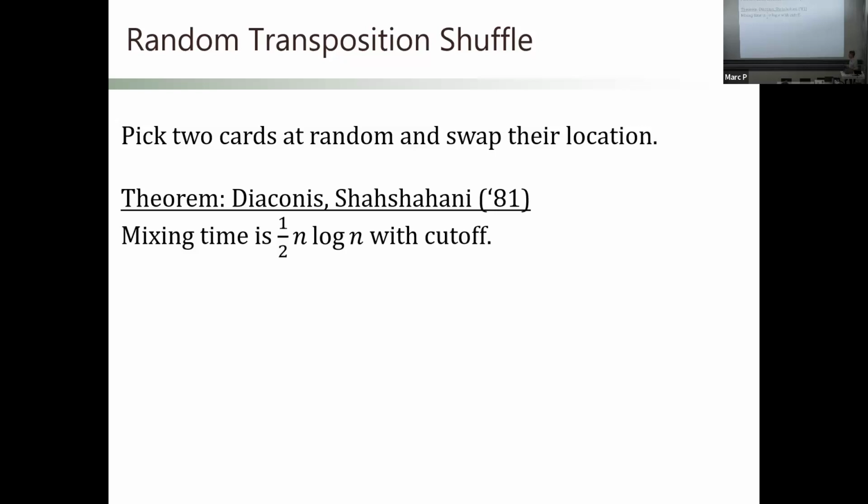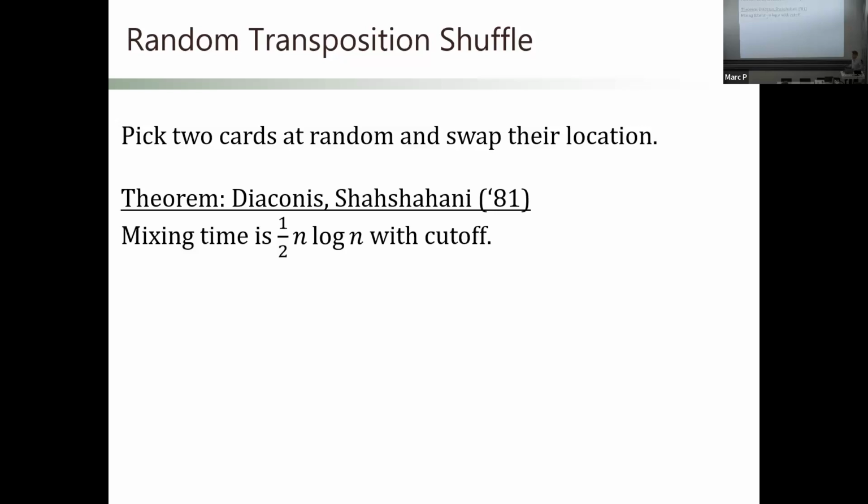This is the famous coupon collector problem. So before a half n log n, you'll have lots of cards that didn't move, and because of that, it won't be well mixed at that point. Okay, but after a half n log n, you'll get something that's very, very close to a uniformly random permutation.